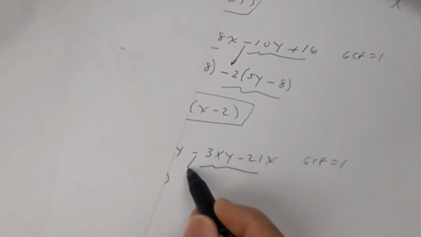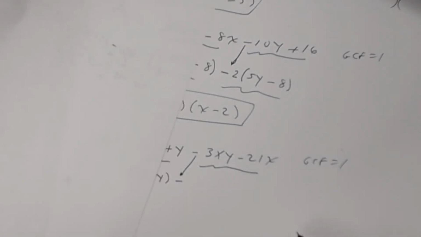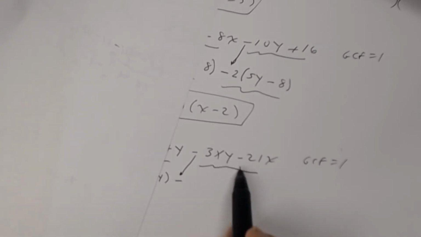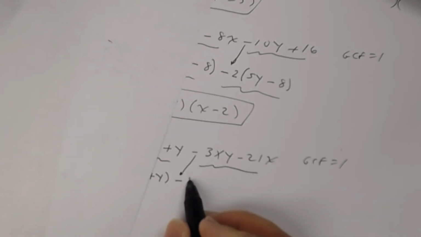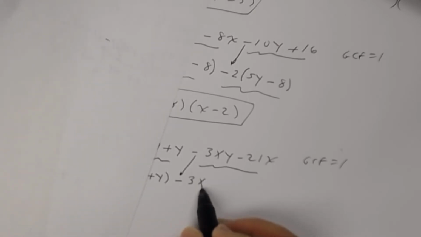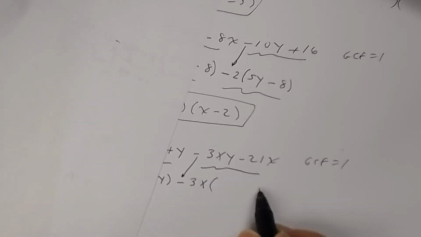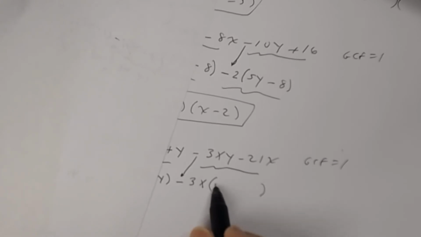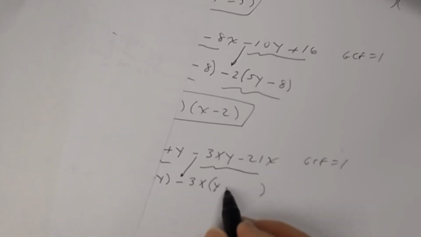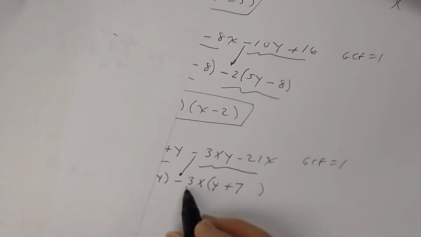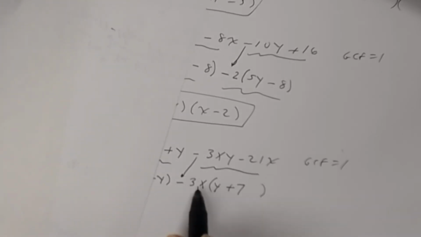So here I'm going to factor out a negative GCF. So if we look at negative 3xy and a negative 21x, the GCF is a negative 3x. Now when I factor out the negative 3x, a negative 3x times y is a negative 3xy, and a negative 3x times a positive 7 is a negative 21x. So always use the distributive property to check.